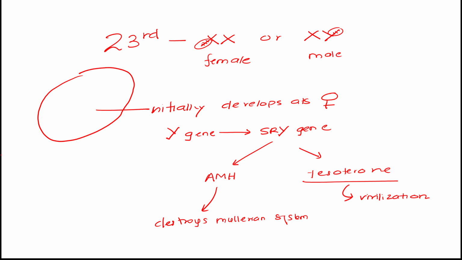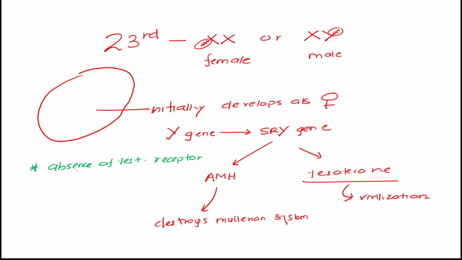Now, a problem that we sometimes encounter with some of the male fetuses is that even though it has testosterone, there is a problem with the receptor. There is an absence of the testosterone receptor. Now, this is something congenital. Even if the hormone testosterone is present, the body cannot respond to it.